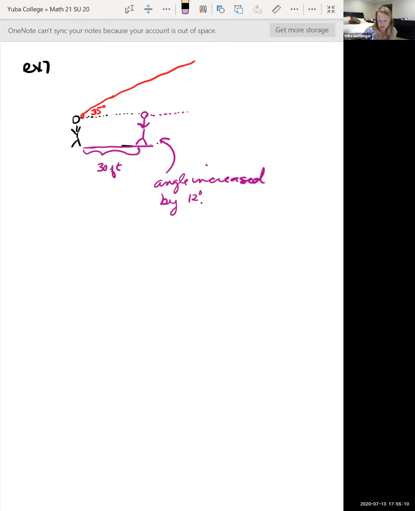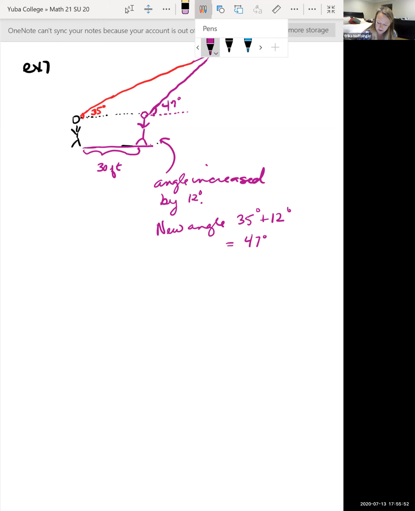So we know that his new angle has to be that 35 degrees plus the 12 degrees, which is equal to 47 degrees. So estimate the height of the tree, rounded to the nearest whole number.